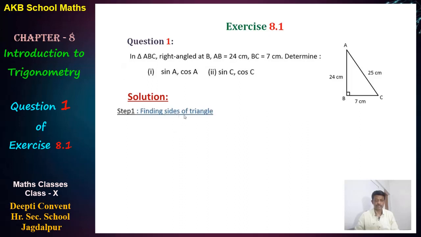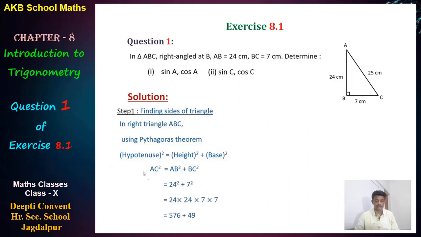Step first, finding the sides of the triangle. In right angle triangle ABC, using the Pythagoras theorem, hypotenuse square equals height square plus base square. Height means perpendicular. So AC square equals AB square plus BC square.